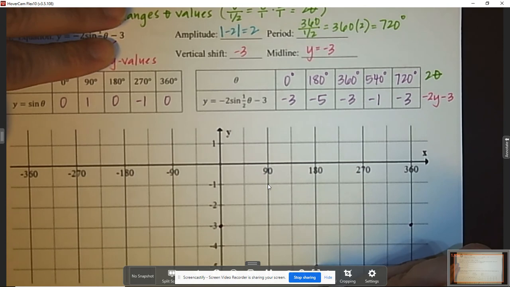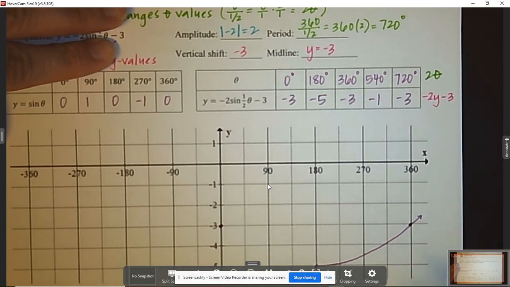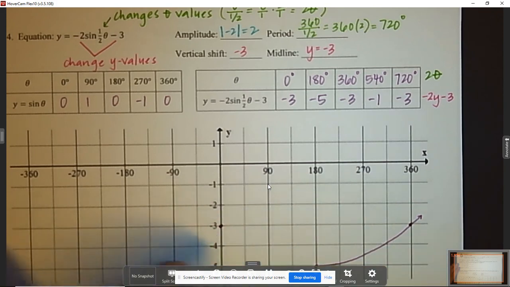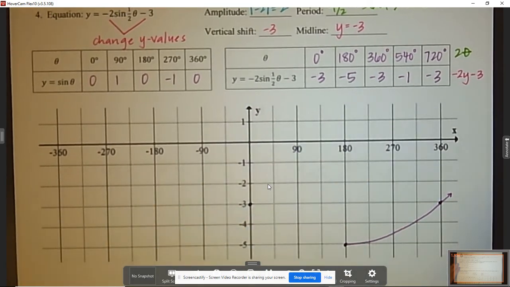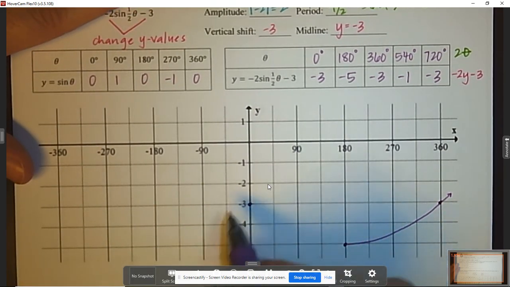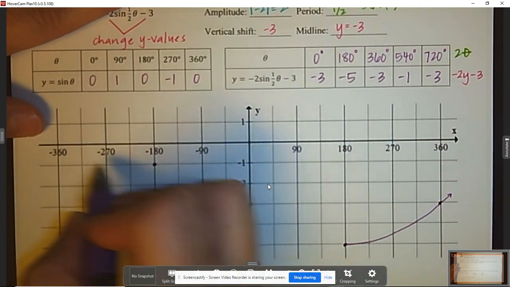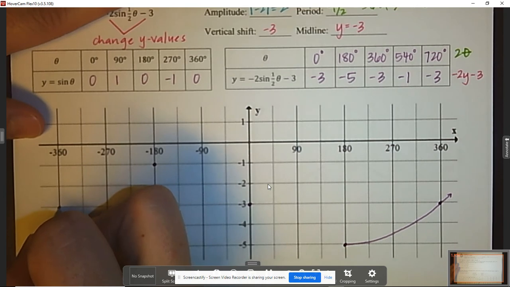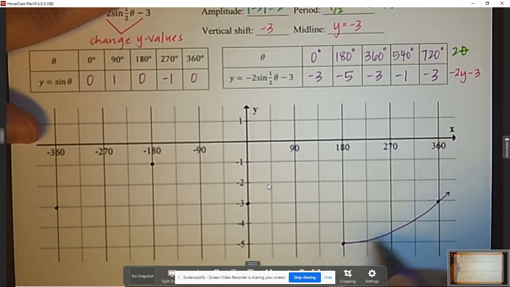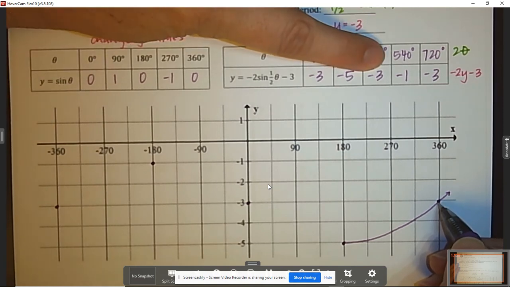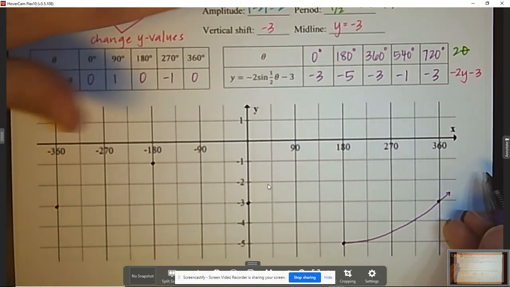I'm going to kind of sketch this in. All right, now the end of this graph is the end of this graph as well. So basically, I'm going to go backwards, and this is going to be at -1 and -3. So what I would have done here is after the -3, I'm at this value right here, I would have gone up to -1.